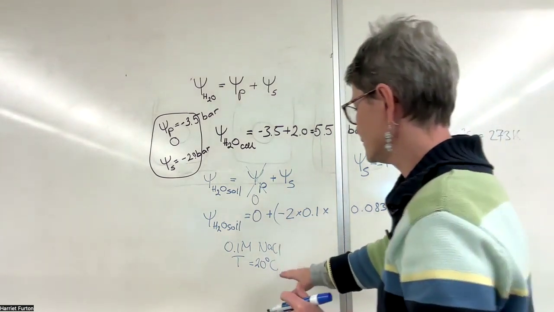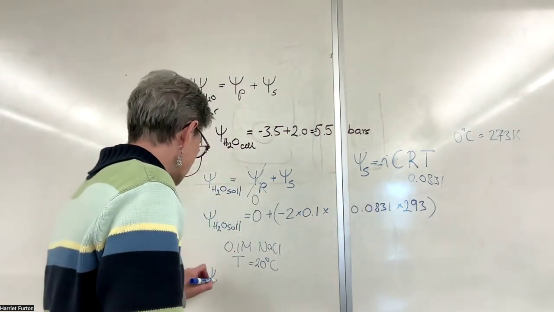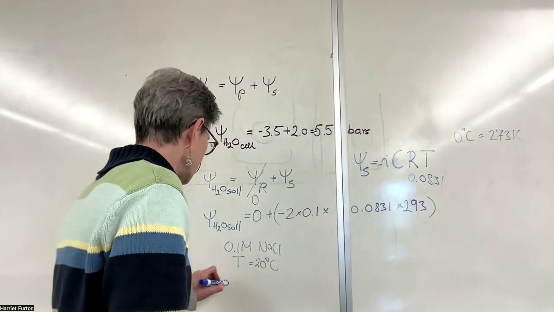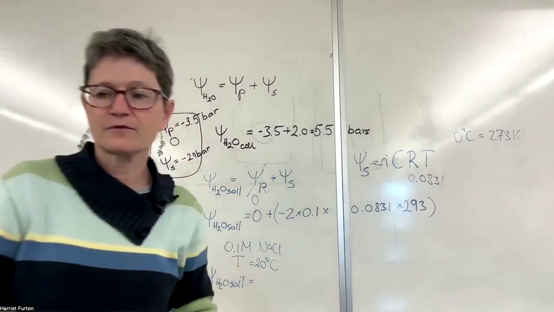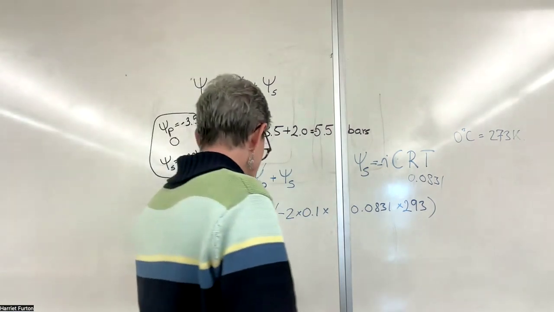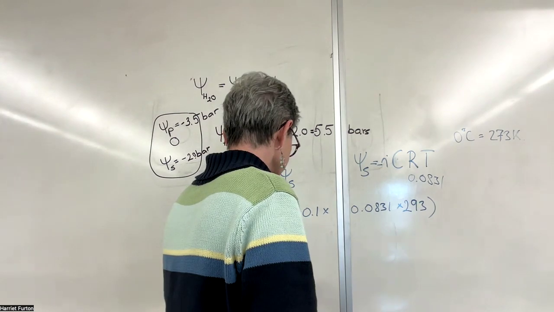And when you do this whole calculation, we figure out that the water potential for the soil is going to be minus 4.86 bars.